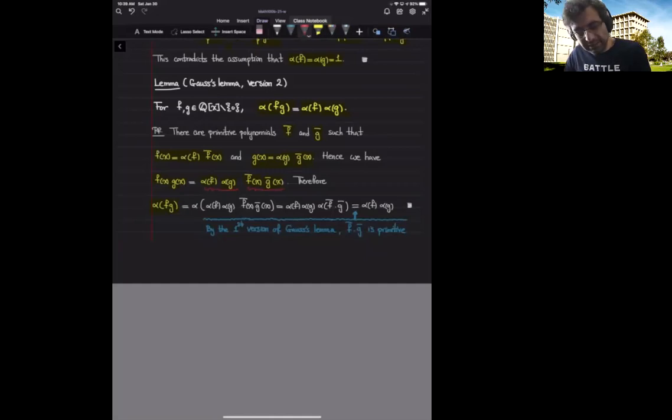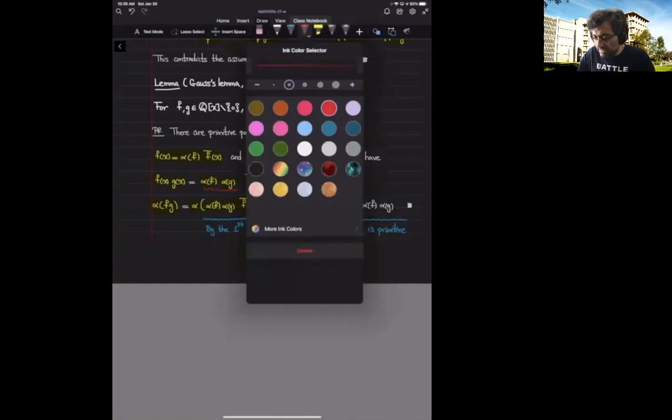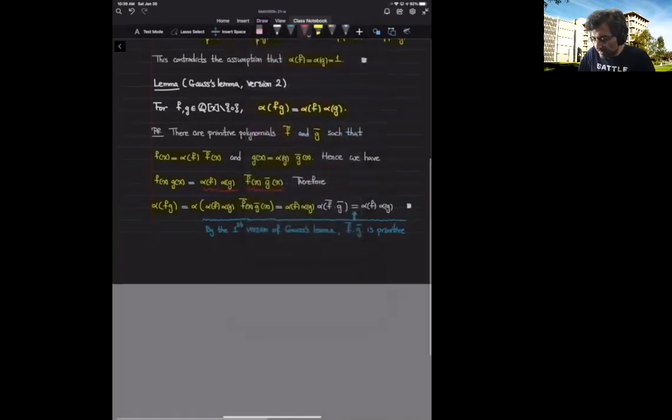So now alpha f times alpha g is a positive rational number, so I can take it out of the content function. So this is the same as the number alpha f times alpha g, times the content of the polynomial inside.